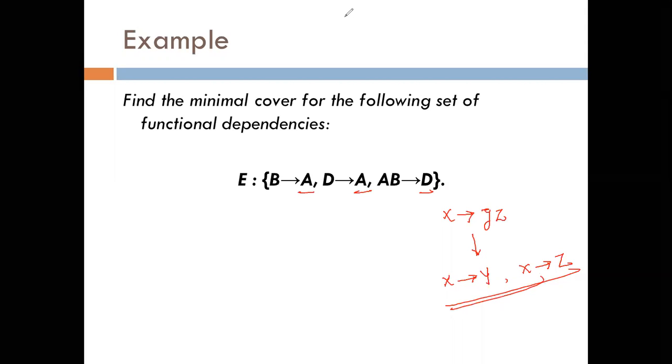But in our example, we don't have any such cases. So if that is not there, then we say it is in canonical form. So according to the previous algorithm, the first step is over. So the first step will apply only when the right side has more than one attribute.